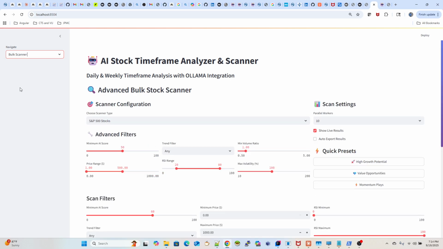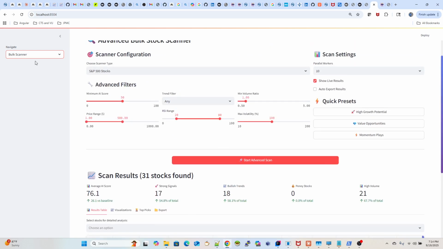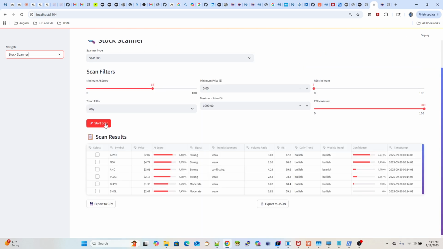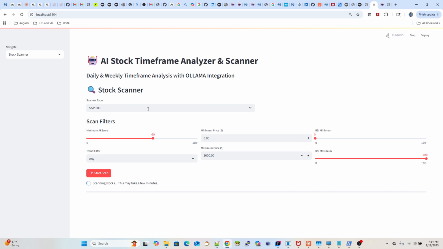Underlying it, it will implement a different set of indicators, and based on each indicator it will give you a score.